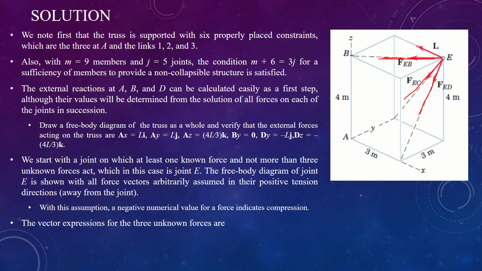Now the author has pre-assumed the direction of the forces, and he has taken it as moving away from joint A. Once we have found the direction, we also need to find the three-dimensional orientation of these forces, a relative position of these forces, and the best way is to find the direction vector.